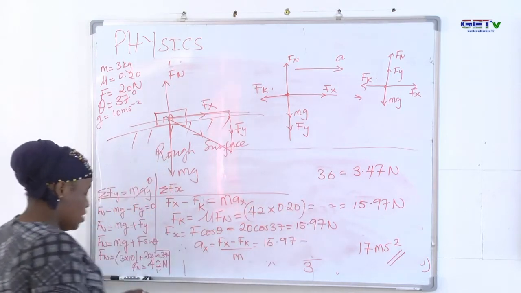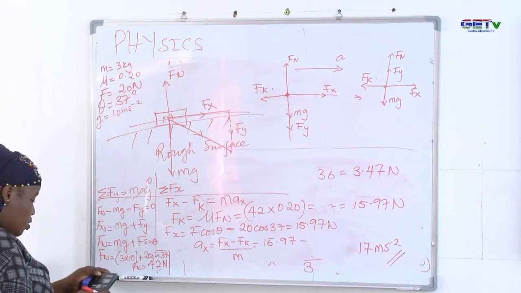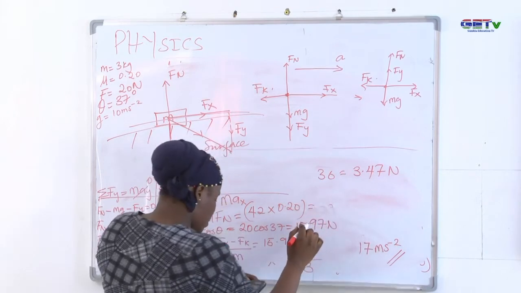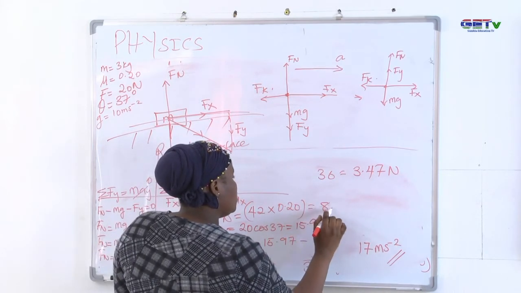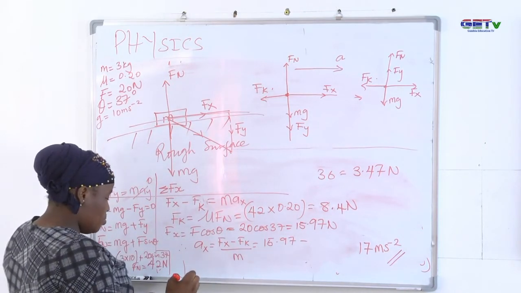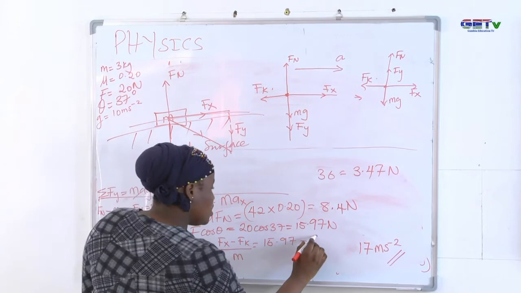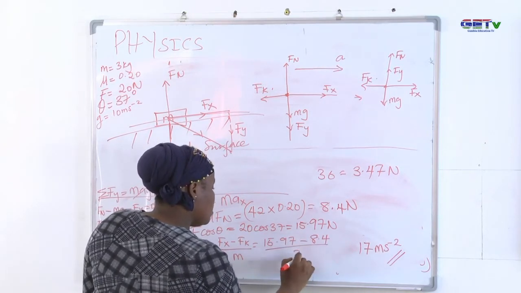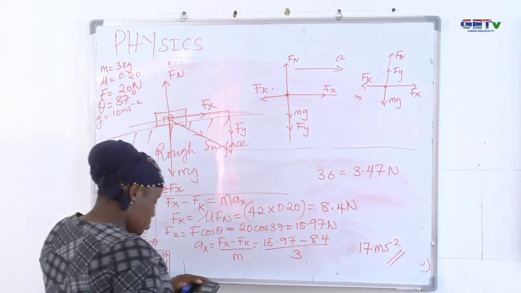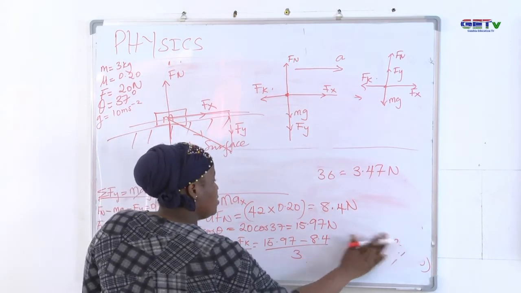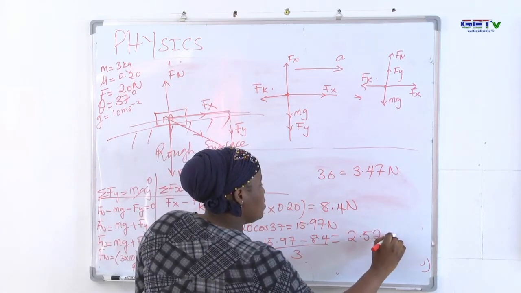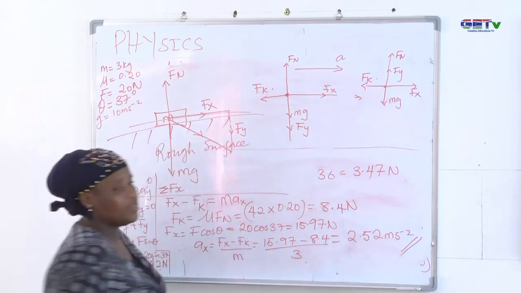So Fk will be 42 multiplied by 0.2, and that gives us Fk equals 8.4 Newton. Therefore, the acceleration of this object will be 15.97 minus 8.4 all over 3, and that is a equivalent to 2.52 meters per second squared.